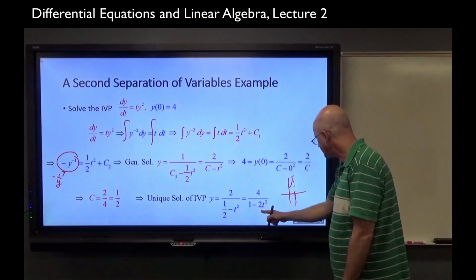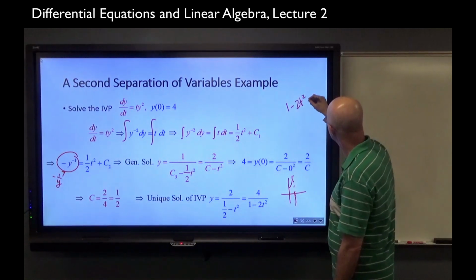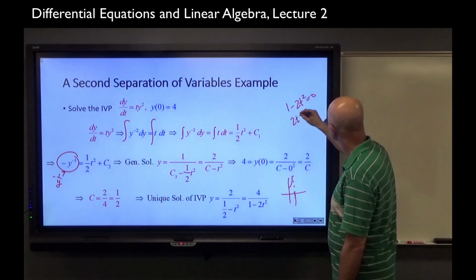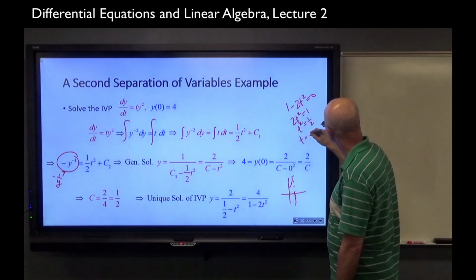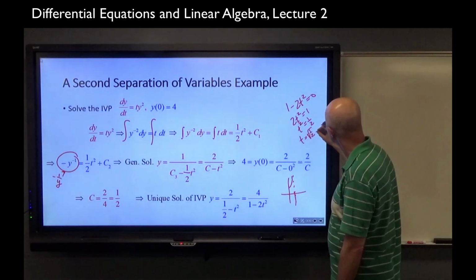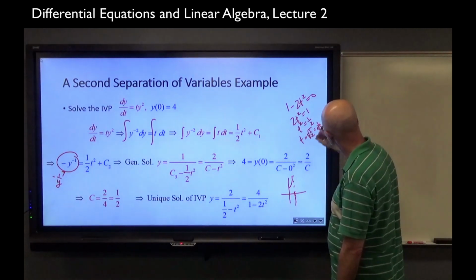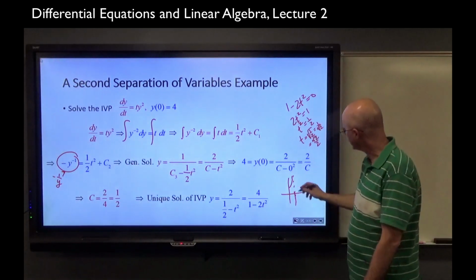At wherever the bottom is 0, 1 minus 2t squared equals 0. Means 2t squared is 1, t squared is 1/2. t is, if we want that vertical asymptote, the square root of 1/2. Same as 1 over square root of 2, same as square root of 2 over 2, which is about 0.707. That is where the vertical asymptote is.